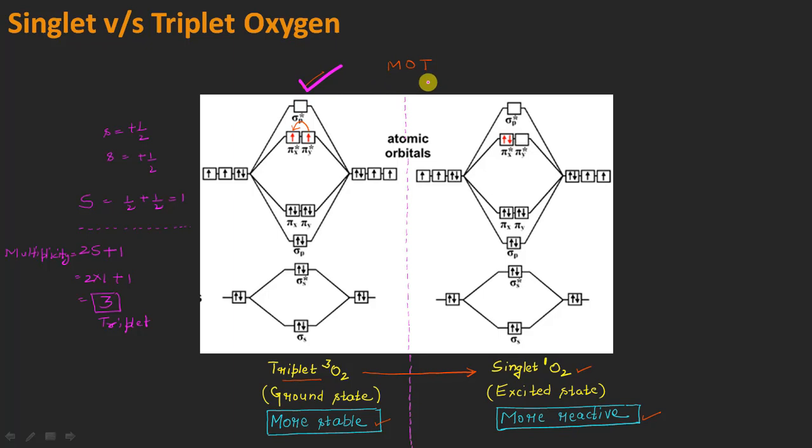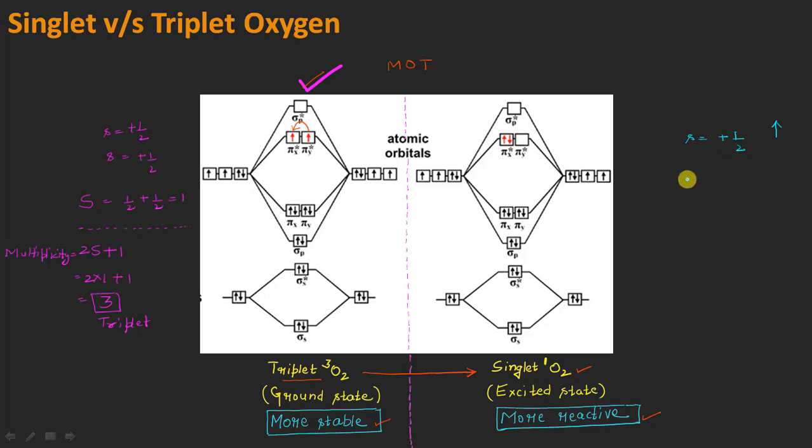On the other hand, in this case, because both the electrons are present in the same anti-bonding molecular orbital but with opposite spins, the value of small s for this electron, which is in this direction, will be plus half because it is clockwise.